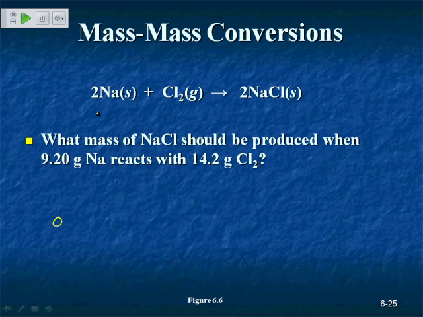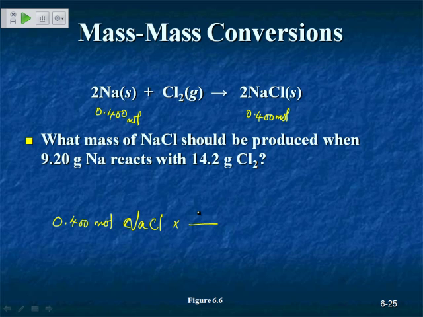We already said this one is 0.400 moles, and this one also will be 0.400 moles. So 0.400 moles of NaCl, multiply that by the molar mass of NaCl, so that we will have the grams of NaCl. What's the molar mass of NaCl?